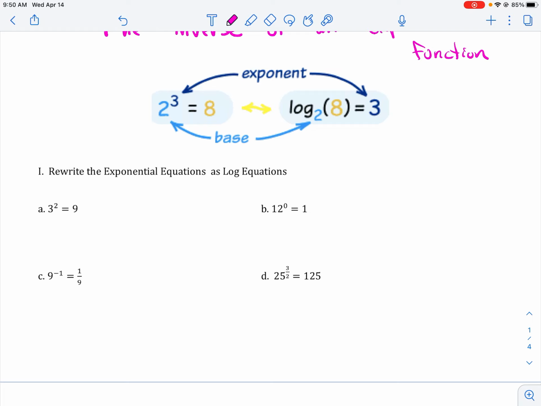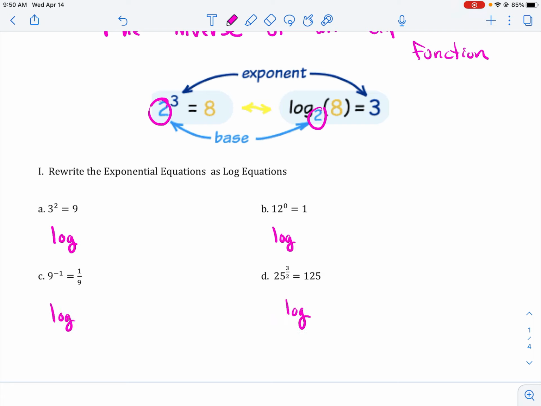Okay. So anyway, it's asking us to rewrite the exponential equation as log equations. Okay. So here's how we do that. All right, this number right here, it's considered your base, right? And we should know that when we're multiplying with exponents, we know that 3 is our base, okay? So in all of these, we're going to change these, and we're going to put log here first.